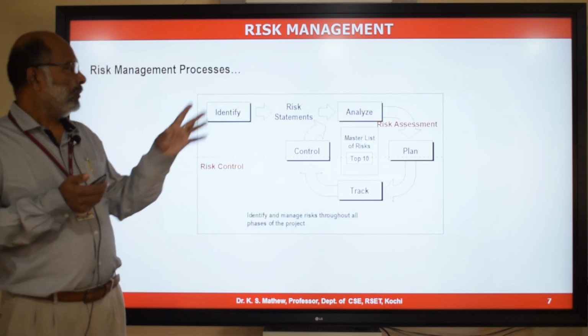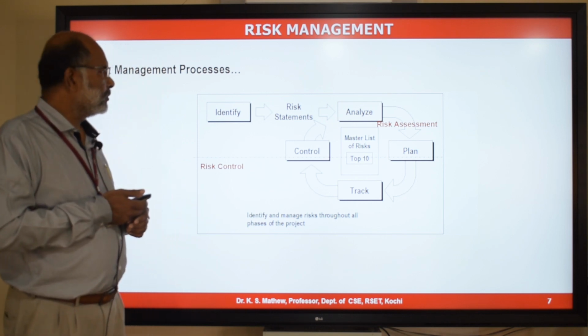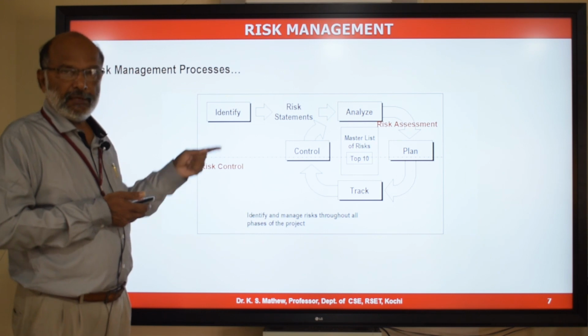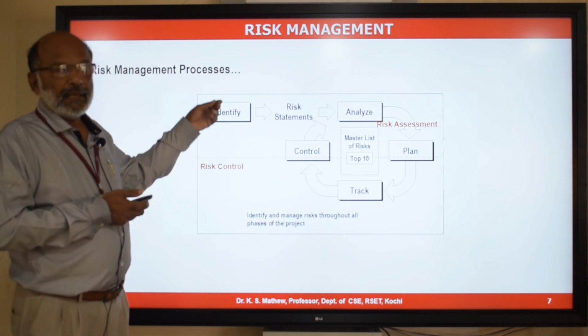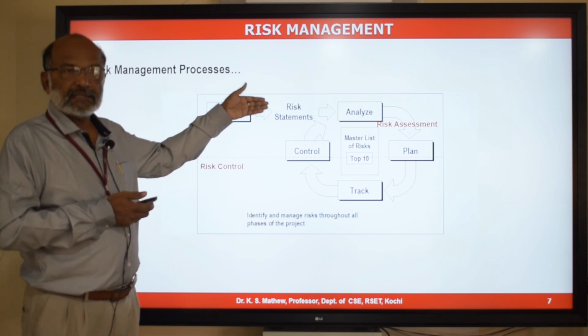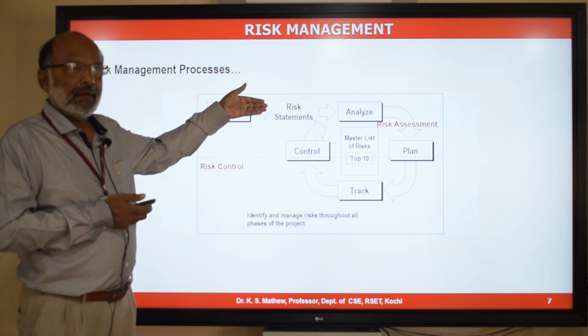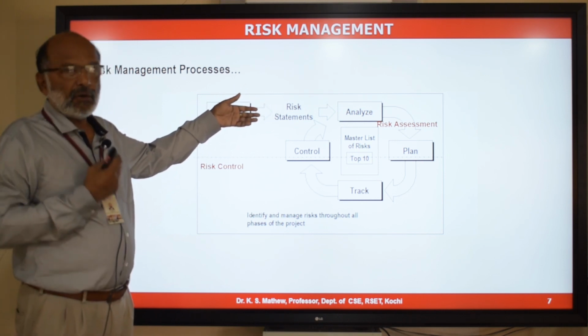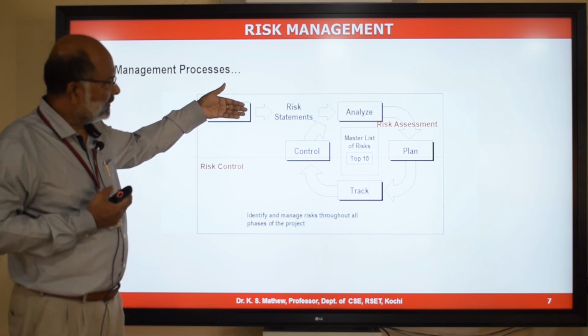So if you look at the overall process flow, this is how it looks. The first process is identifying the risks in the project, identify all the possible risks in the project, and the output from this process will be a risk register, or risk statements, which may be a simple Excel sheet where you will list out all the possible risks in the project.